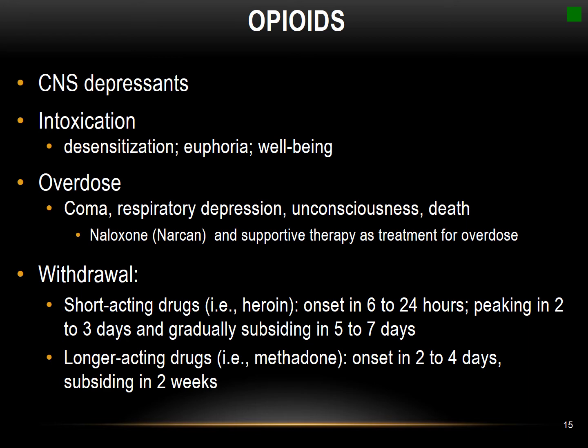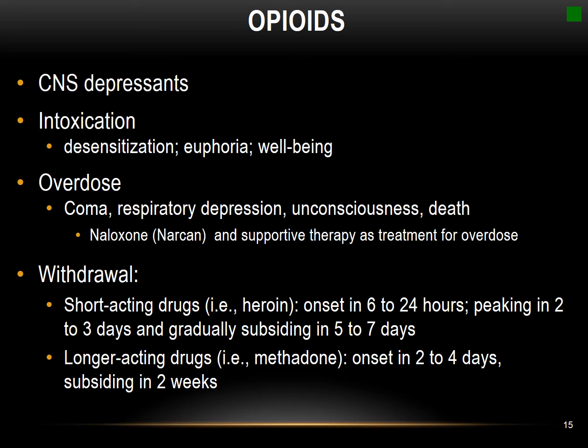Sometimes heroin users are put on methadone and the dose is tapered off to reduce the symptoms, so it's just more flu-like. Some of you that are going to work in the nurseries and in postpartum will see babies who are withdrawing from mothers that used opioids during the pregnancy. Those babies scream a lot because the withdrawal is very painful.